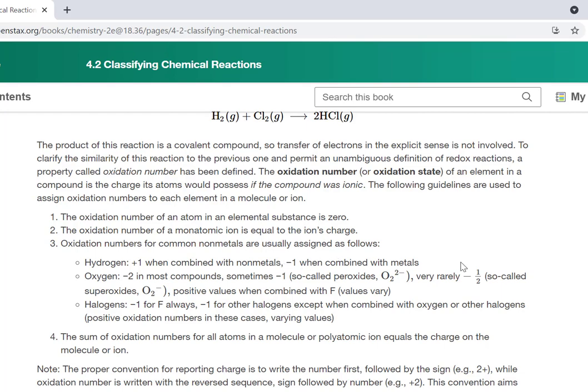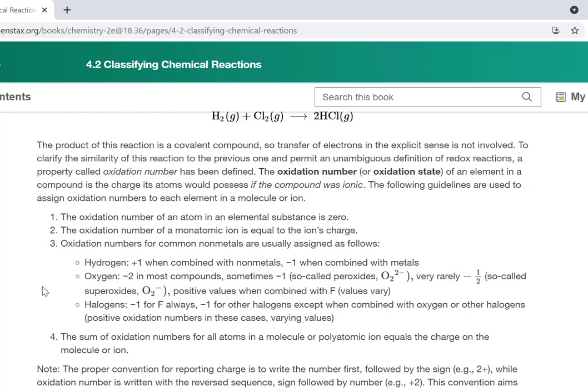Hydrogen will act differently than pretty much any other element in that way, in that it can be a +1 with a nonmetal, -1 with a metal. So up here, we would say that it would have a +1 because it's with a nonmetal. So that's how we would do that.